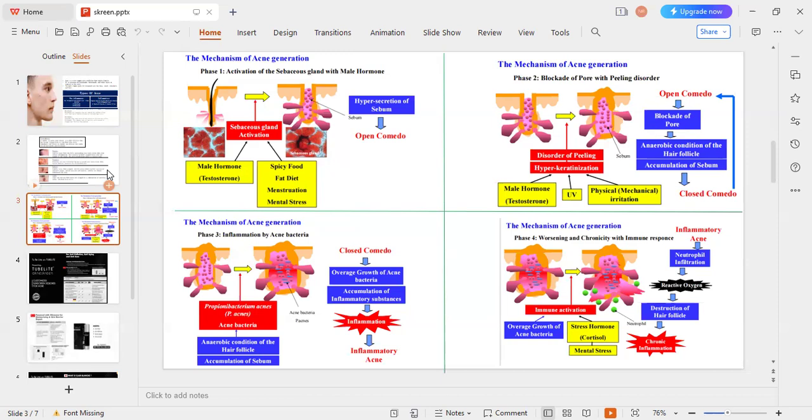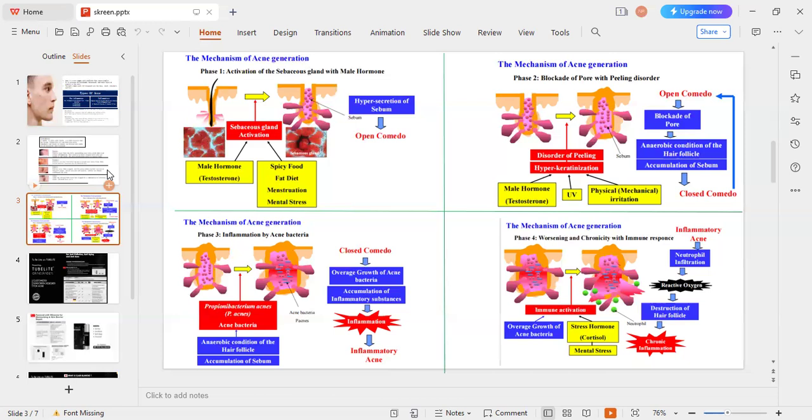When sebaceous gland activation happens to a larger extent, there will be too much hypersecretion of sebum. When hypersecretion of sebum happens, there will be open comedones. Like we've already explained with blackheads, these are open at the surface of the skin and are known as open comedones.